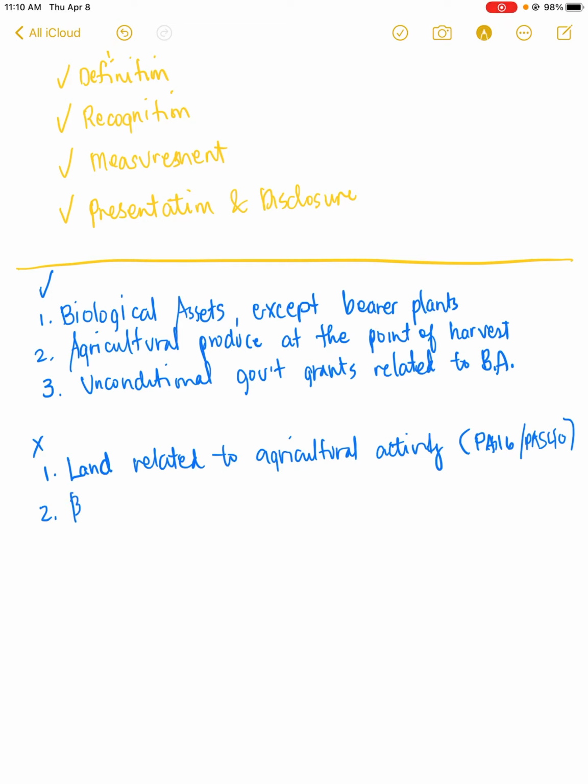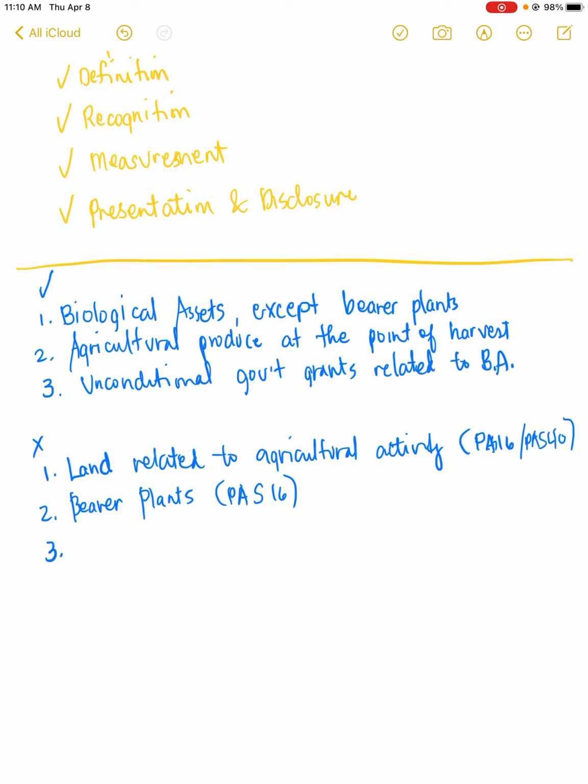Okay? Why? Because bearer plants are to be accounted for using PAS number 16. However, please take note na yung agricultural produce ng ating bearer plants is within the scope of PAS 41.